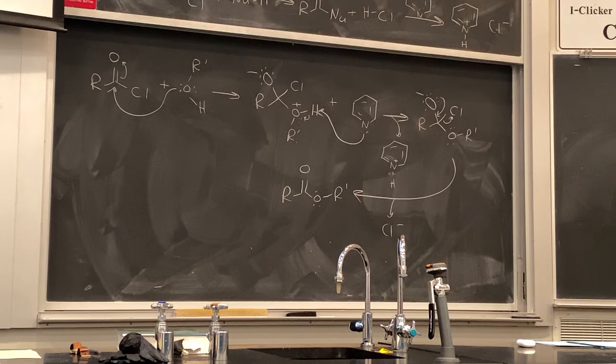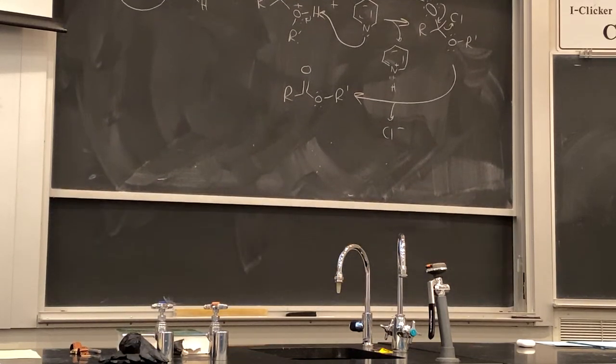And so there would be some strain in that transition state, and that would cause that intramolecular proton transfer to be slower than the intermolecular proton transfer. Okay? And that's good because we want the negative charge here to reform that carbonyl and eliminate out the chloride. Okay? Good question. Any others?